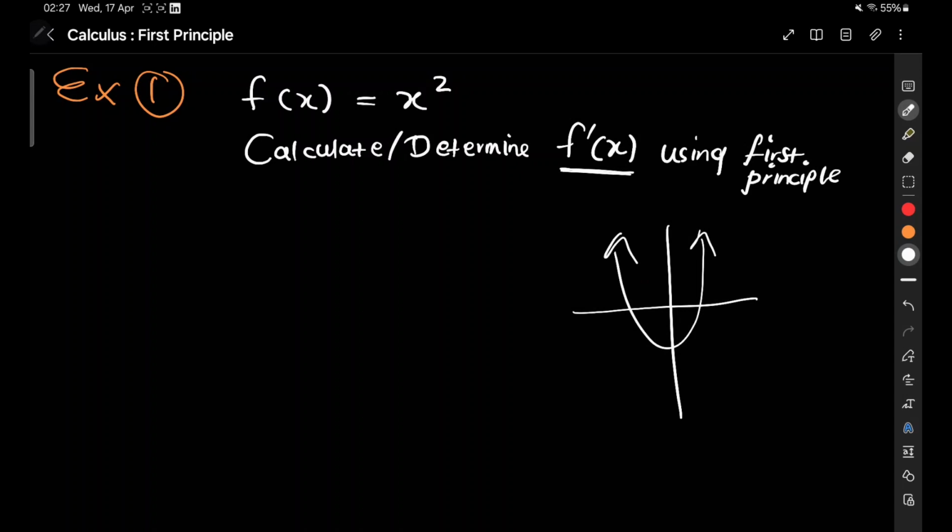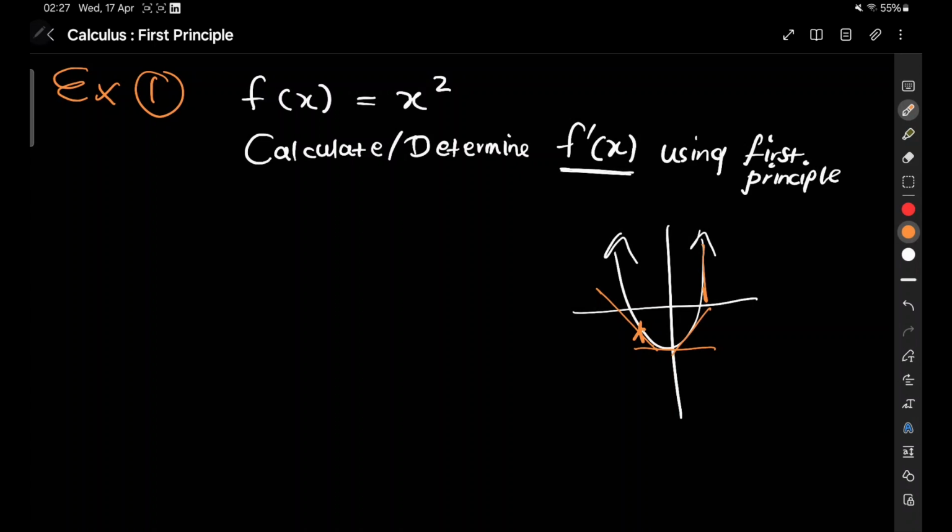And remember, a derivative basically refers to a gradient at a point. Obviously, the gradient at a point changes all the time. So the gradient here at this point will be different from the gradient here, and different from the gradient here, and different from the gradient here.